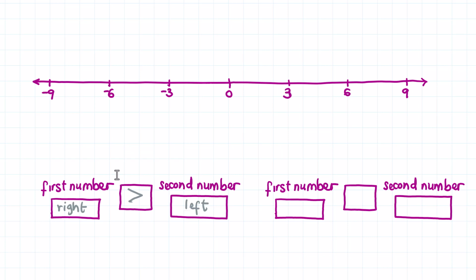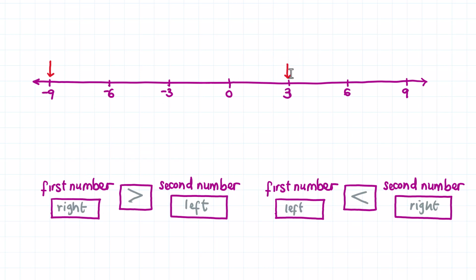However, if the first number is to the left and the second number is to the right on the number line, that reflects the fact that the first number is less than the second number. So everything has to do with where the first number is on the number line.